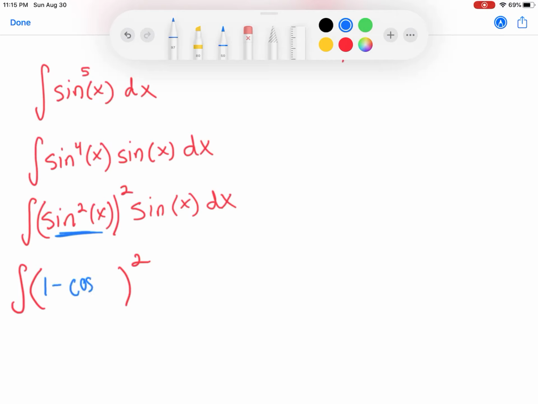So I'm going to write that there. Now let's rewrite the rest: sine x dx. While this may look a little more complicated, I'm actually in a much better position for U-sub. I promise you.